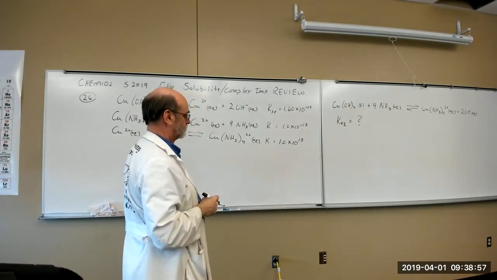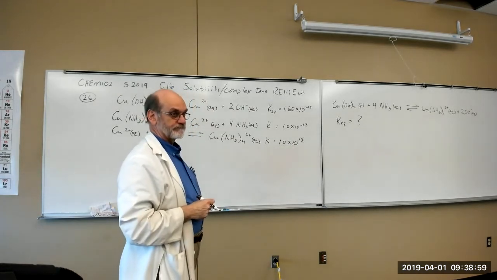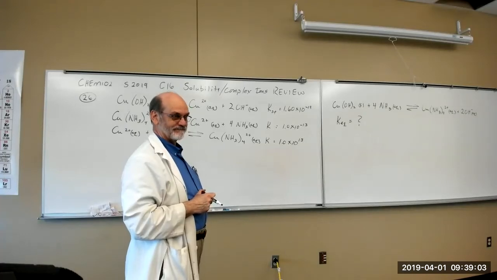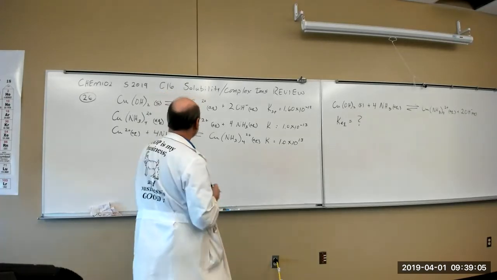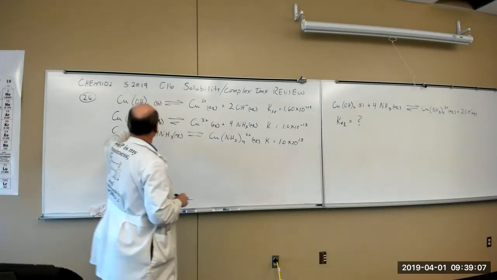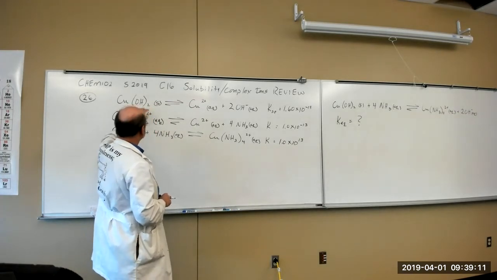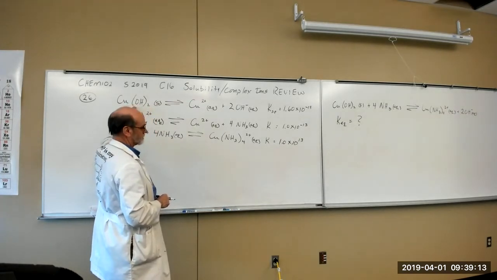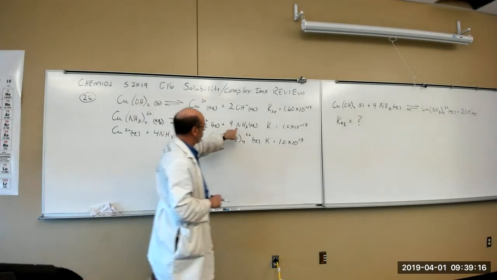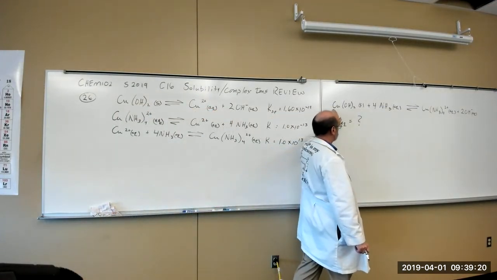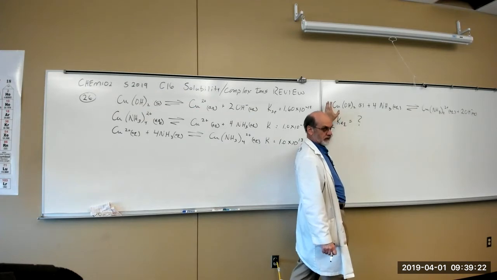The first thing you just did was, we're trying to combine the equations. Yes, we have two equations. This one gives us the reactant. This one is also a reactant. This tells us what needs to be combined. This is our target equation.